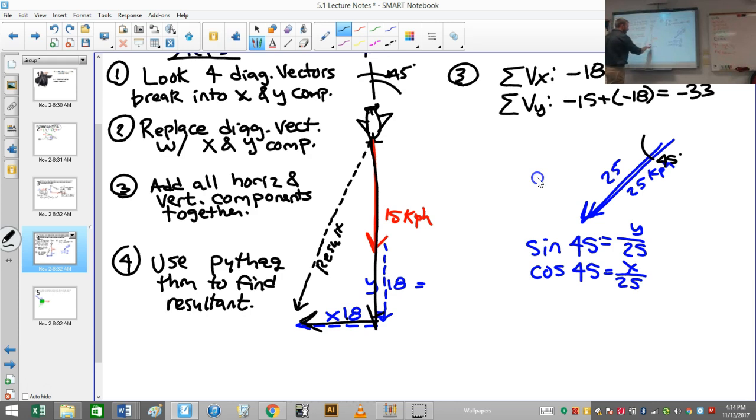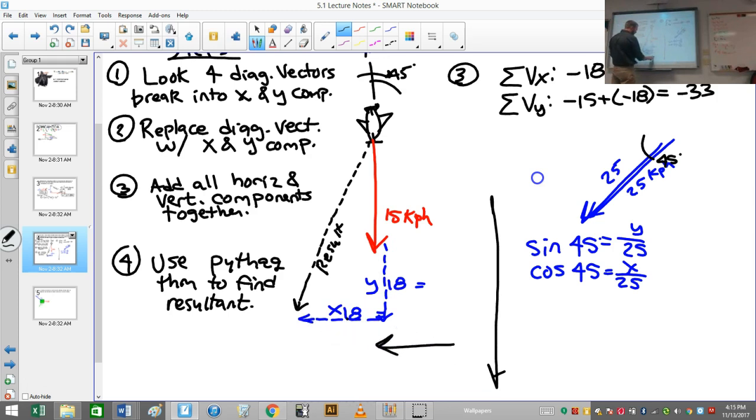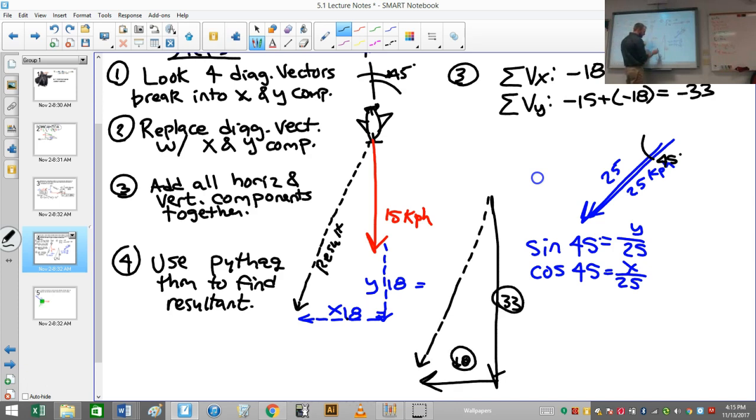So what I have is I've got a big right triangle where this is 33, this is 18, and then I can use the Pythagorean theorem. a squared plus b squared equals c squared. I already did that kind of before I came here, and that comes out to 37. That's how fast this is going with respect to the ground. We call that ground speed. It's going 37 kilometers per hour.